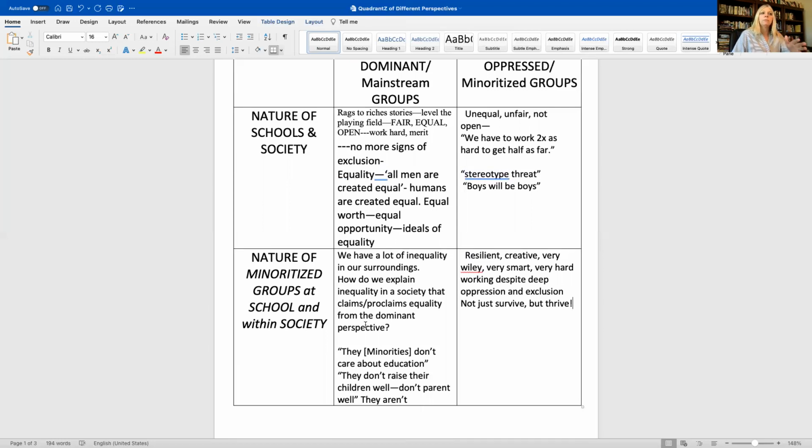And so therefore, if we have a lot of inequality, then that means that there's some sort of deficit in the people themselves. Whereas over here on this perspective, they're recognizing their own history, they're recognizing their own resiliency.